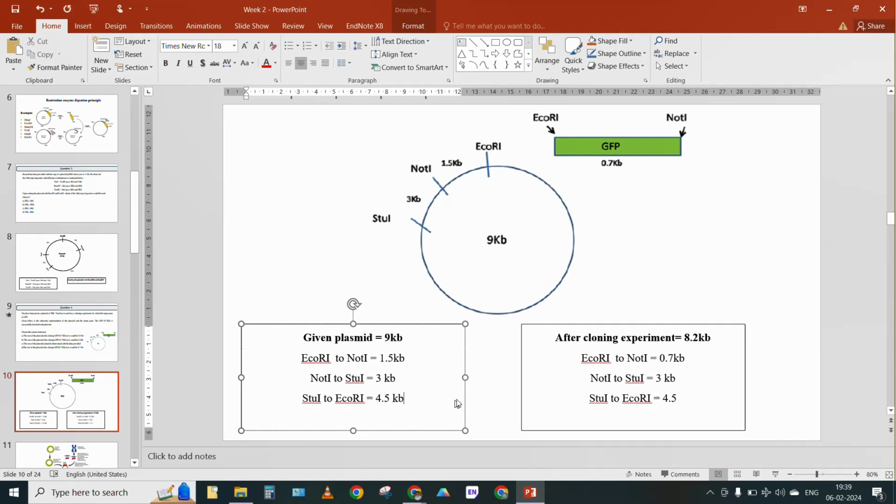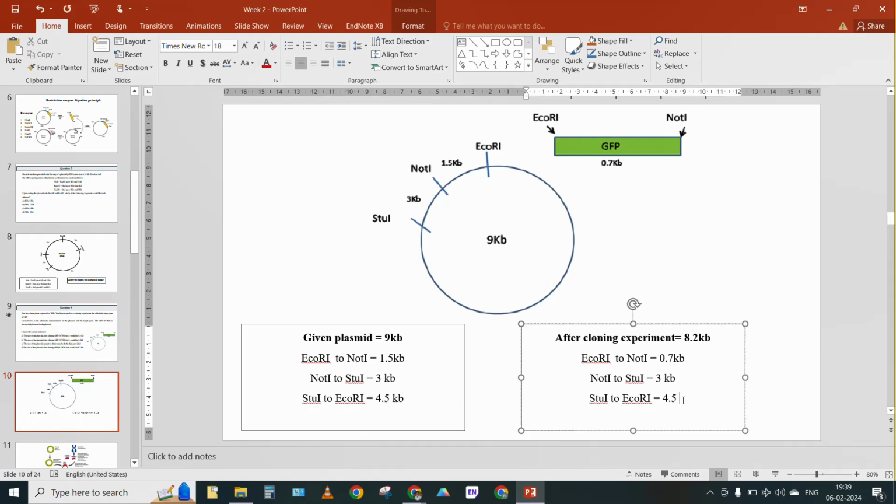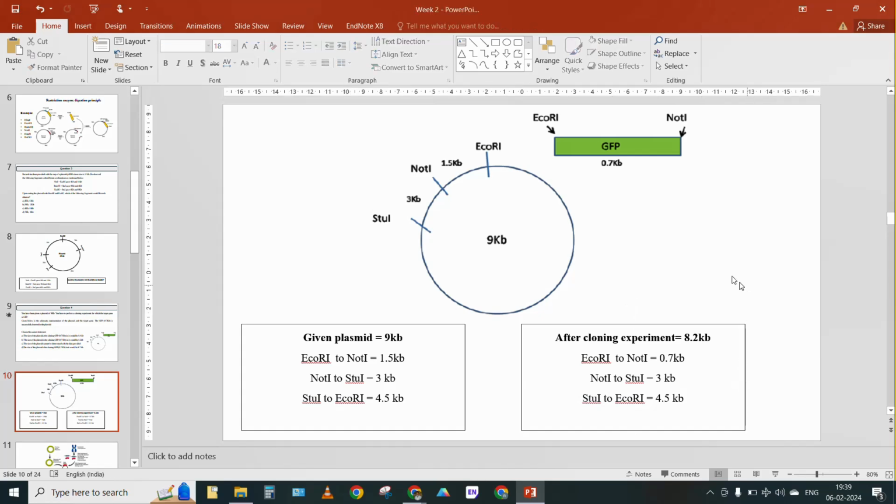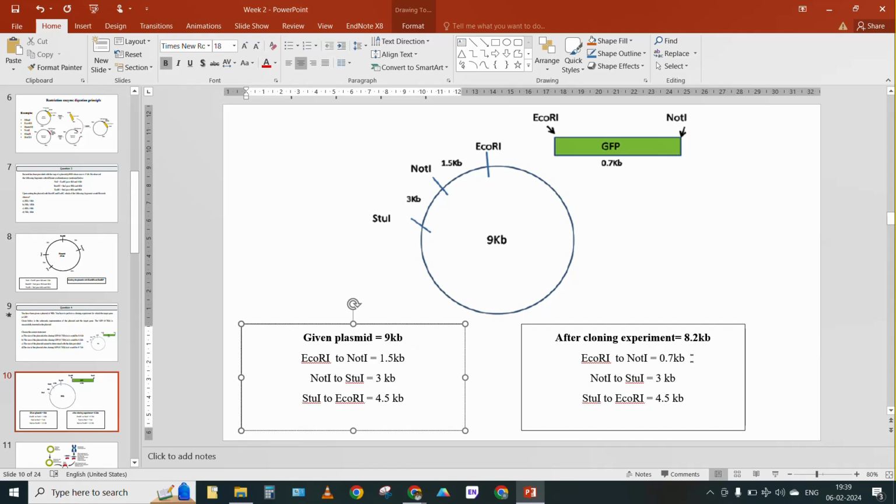This is the given information. After adding this 4.5, 3 and 1.5, it is coming to 9 kb. After the cloning experiment, we do not have to do anything else.